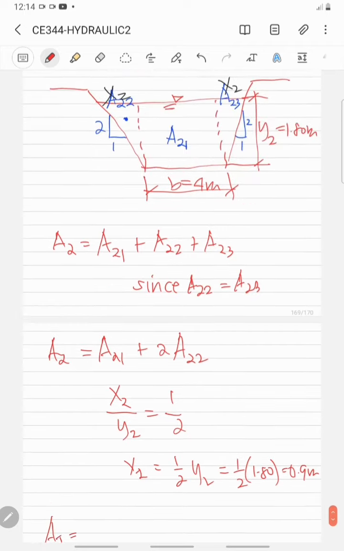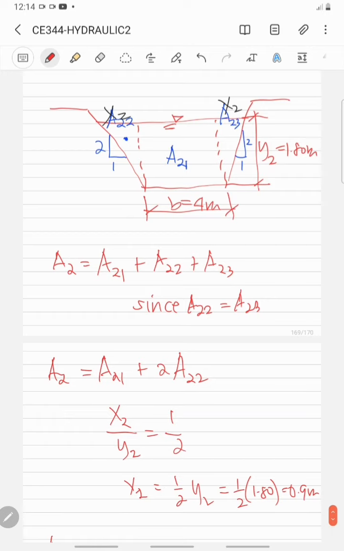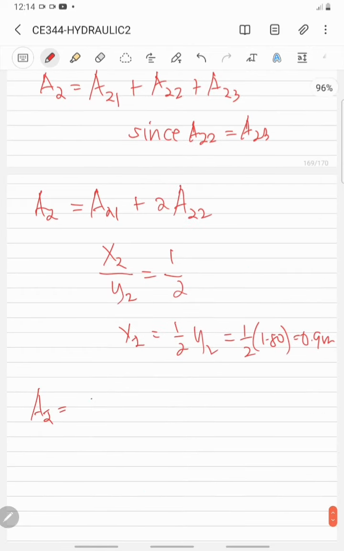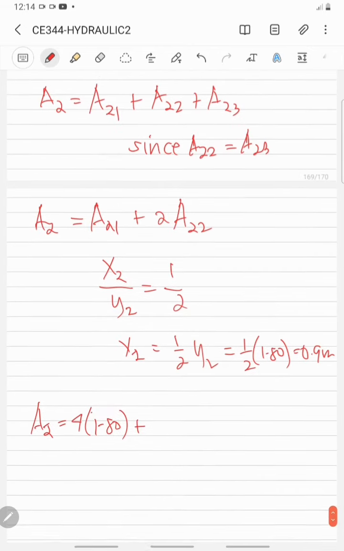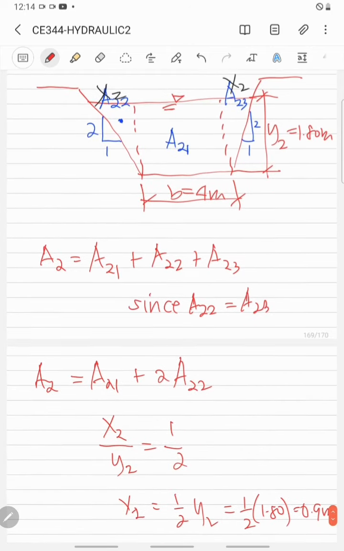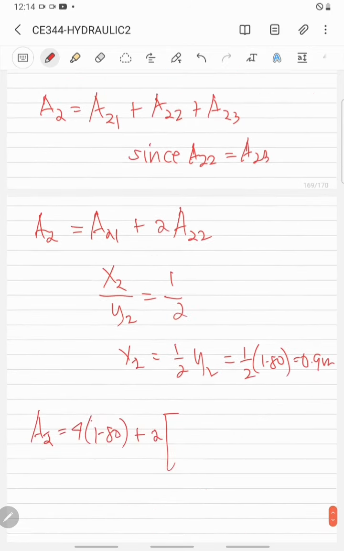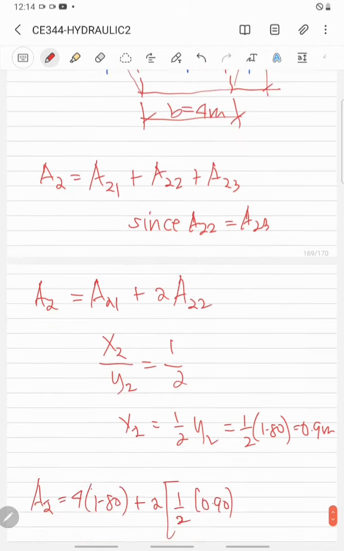So area 2,1, that is the area of the rectangle, that is 4 times 1.8, plus 2 triangles. That is 1/2 x2 times the depth. x2 is equal to 0.9 and the depth is 1.8.